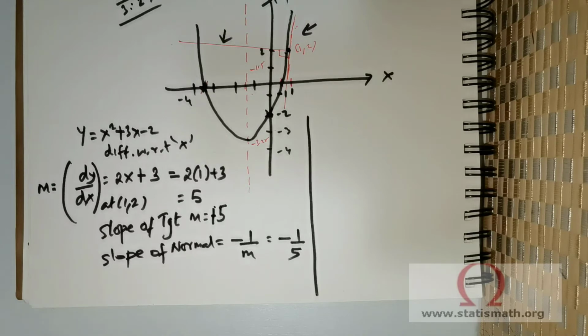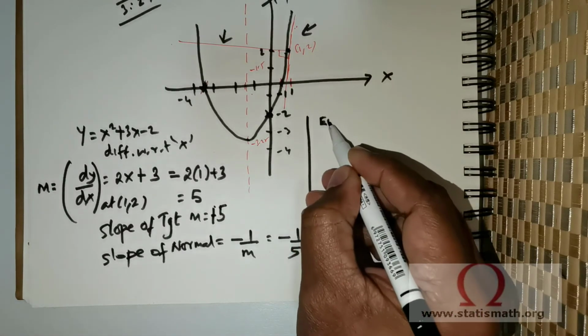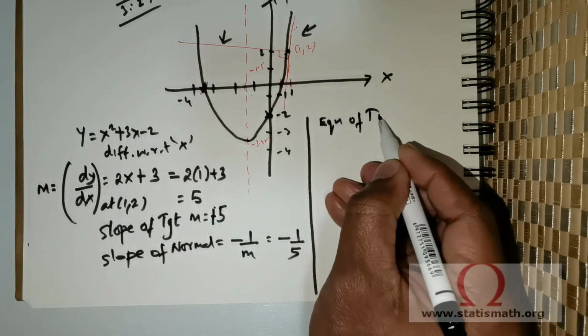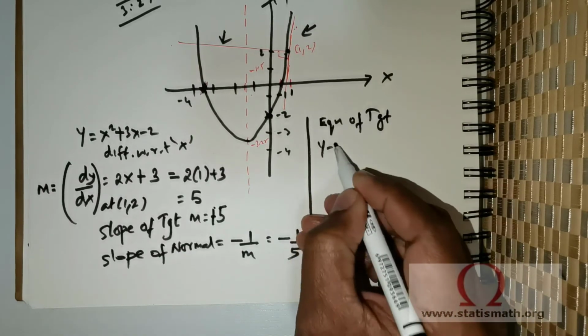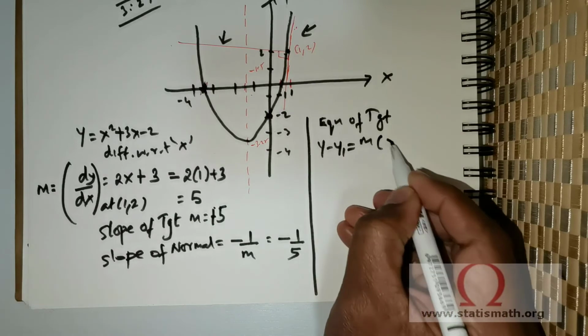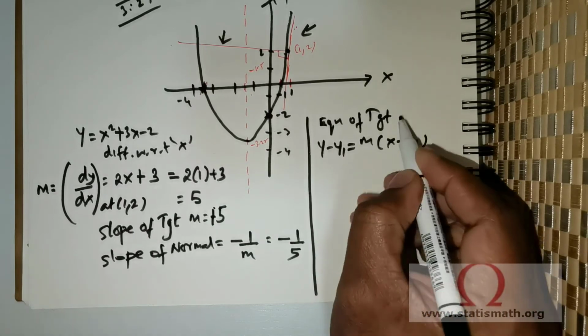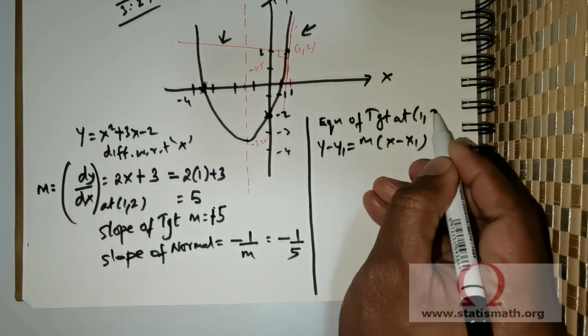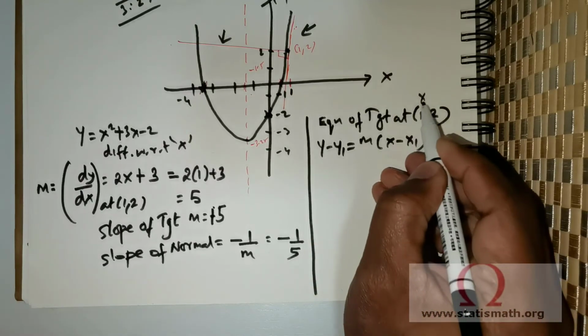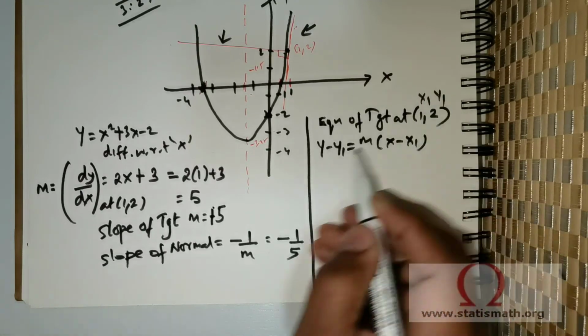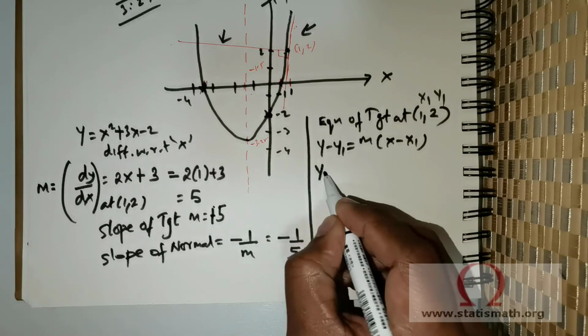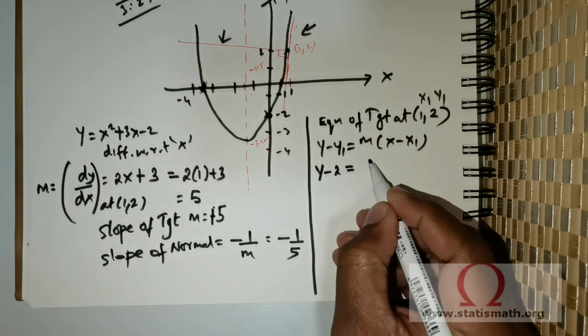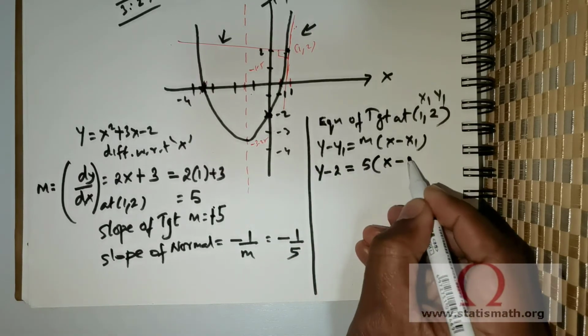The equation of the tangent is important. It is given as y − y1 = m(x − x1). We are asked to find the tangent at (1, 2), so this is x1 and this is y1. If you substitute, you get y − 2 = 5(x − 1).